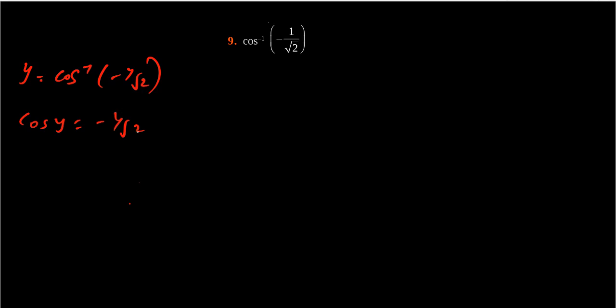For which angle does cos give 1 by root 2? It is 45 degrees. So cos 45 is 1 by root 2, and cos 45 becomes pi by 4. So cos pi by 4 is 1 by root 2.